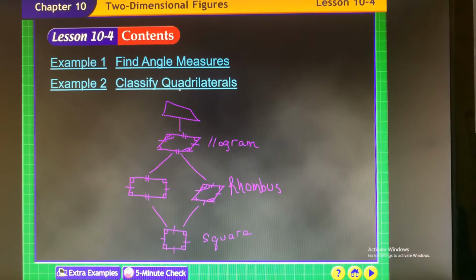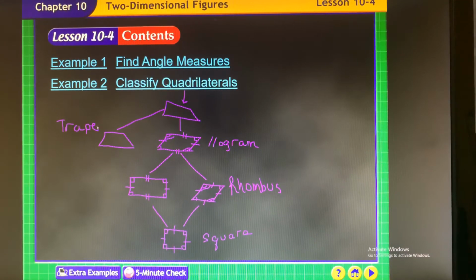Off the side of the quadrilateral, it's this poor little separate little shape, also a quadrilateral, but this is called your trapezoid. Your trapezoid is kind of like a bit of an outcast of the rest of the group.